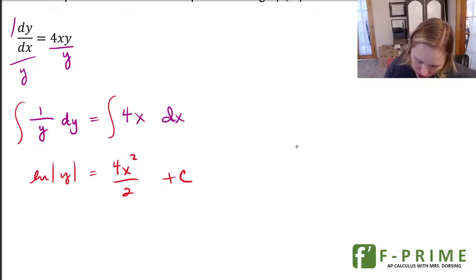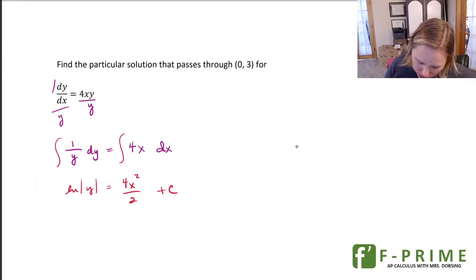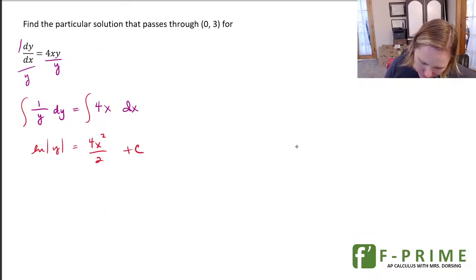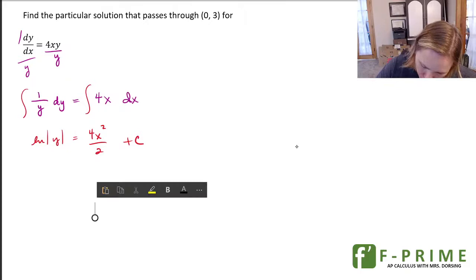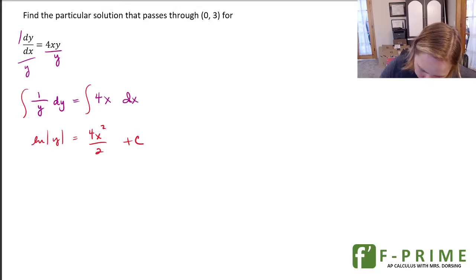So now I am ready to solve for my plus c. Here we go. When I solve for my plus c, there's a couple ways to go about this. I'm struggling with solving for my plus c because I'm thrown off by those absolute value bars.